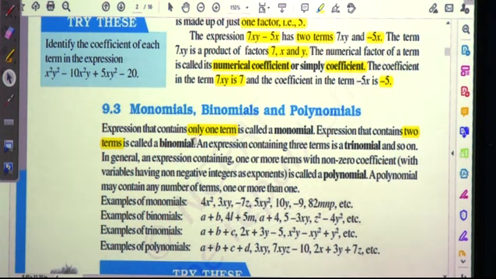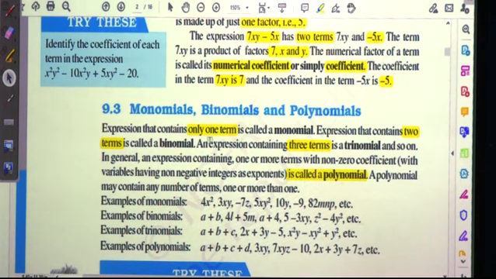And an expression that contains three terms is a trinomial, and so on. In general, an expression containing one or more terms with non-zero coefficient, with variables having non-negative integers as exponents, is called a polynomial.